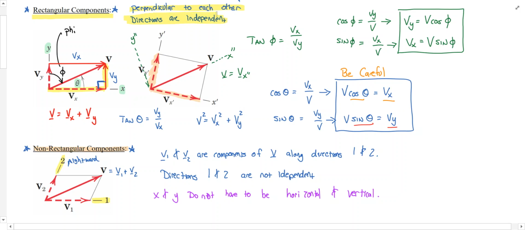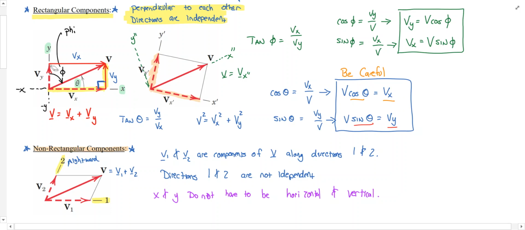We kind of skipped over the independence of the directions, so let's return to that really quickly. So for the x-axis here, the x is to the right, negative x would be to the left, the y-axis is positive up, and the negative y-axis is down. And so for this vector V, it points up and to the right. So that has a component that is Vx positive to the right and Vy positive up.